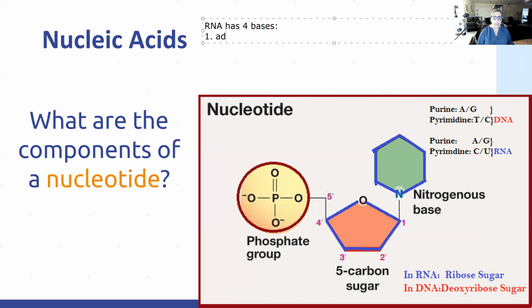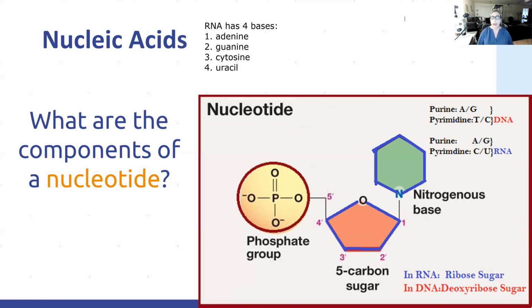So we have adenine, guanine, cytosine. These are the same as DNA. But for RNA, there is no thymine. Instead, there is a base we call uracil. And this will become important in a later lesson.